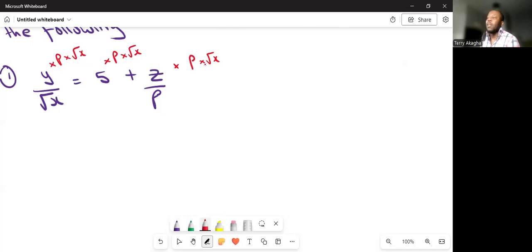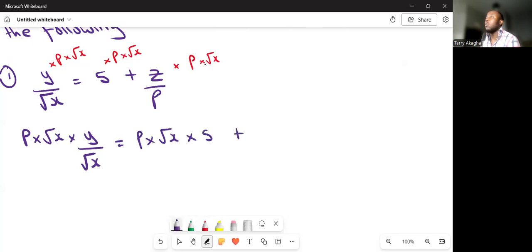This is going to give us p times square root of x multiplied by y over square root of x, which will equal p times square root of x multiplied by 5, plus p times square root of x multiplied by z over p.